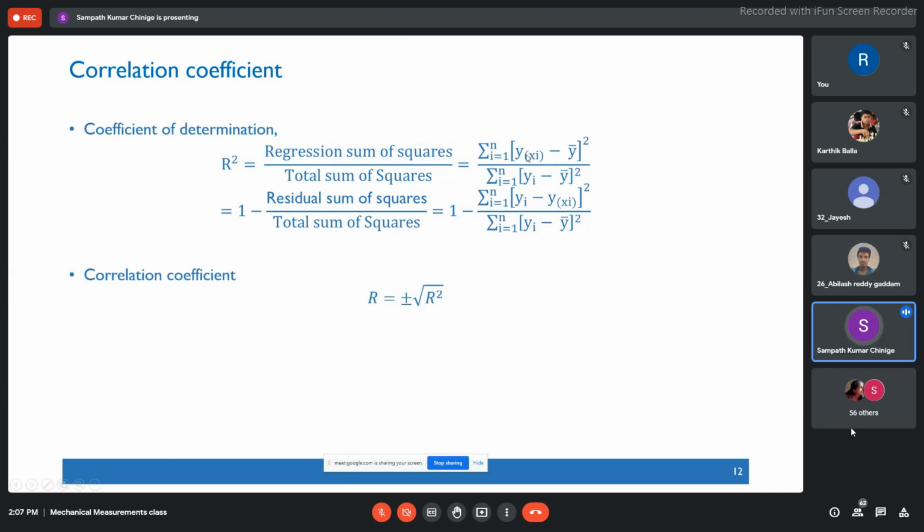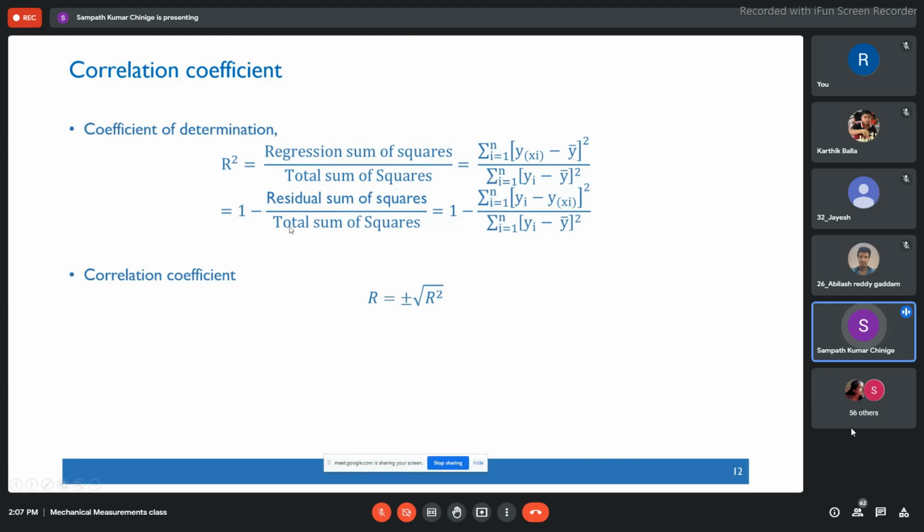So that means the fit minus the average value, the squared sum, they both will become equal, correct? So that means whatever the data that I've got, the modeled fit is also giving the exact deviation. That means they are both one and the same. So your R square value should be close to 1. So that will be the best of the data.